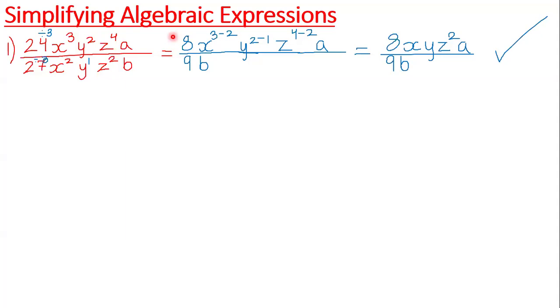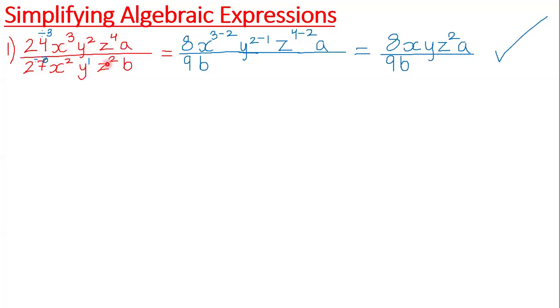All right, so what are we going to do here? Quick recap. What did we do? We found a number that can go into both 24 and 27, right? And that number was 3. We subtract our exponents. So 3 minus 2 and 2 minus 1 and 4 minus 2. We only subtract the ones that are like, so x and x, y and y, z and z.